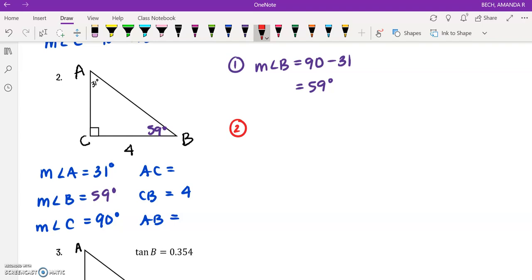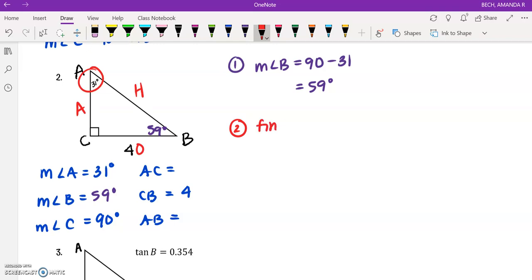We're going to use trig ratios, not the inverse ones, the original ones, when we know an angle and we want to find a missing side. I'm going to label the triangle with respect to the angle A, the one that was given to me, not the one I calculated, just in case I made a mistake with the one I calculated. So this is the opposite, adjacent, and hypotenuse.